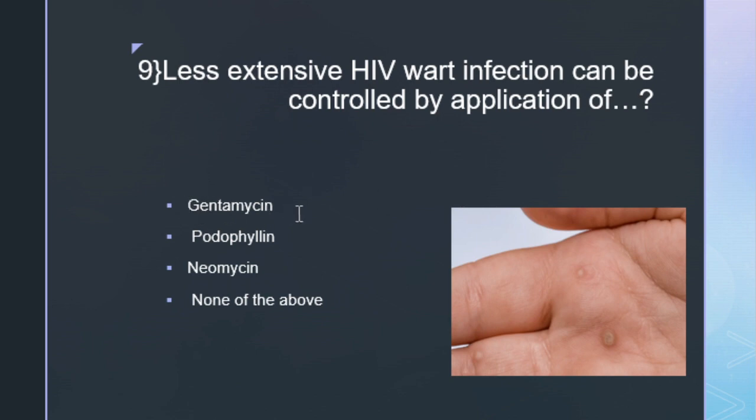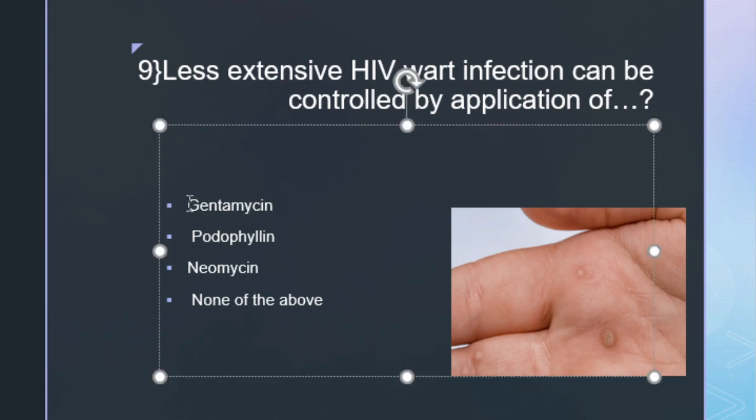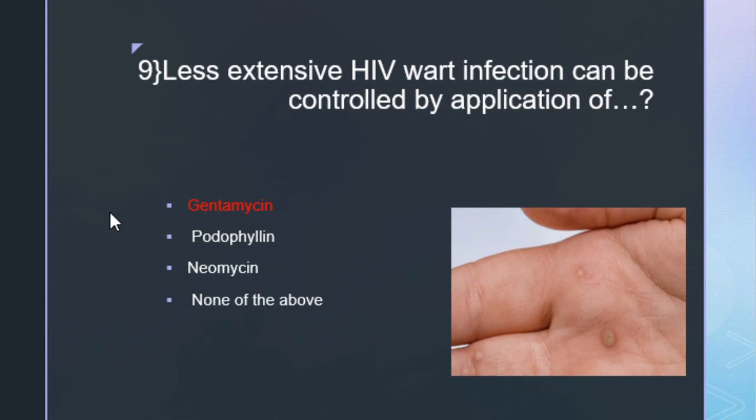First one is gentamicin, which is an antibiotic, and neomycin is also an antibiotic, but gentamicin is somewhat more powerful than neomycin. So in the case of HIV wart infection, to control the wart, the drug of choice will be gentamicin. So the correct option is first, gentamicin.